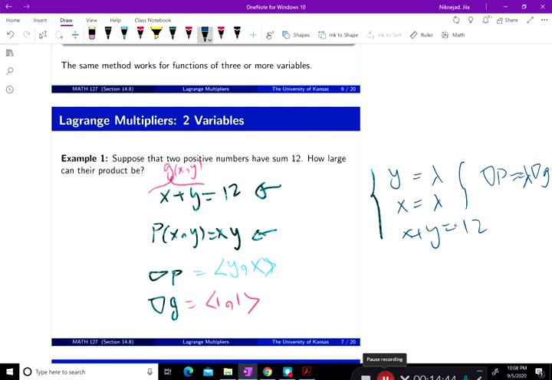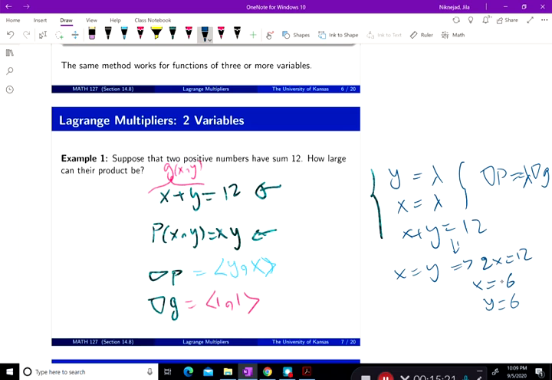Now, to be able to solve, in the 2 equations related to the gradients, I eliminate lambda, and from that I get x is equal to y. Now I plug in for y, I plug in x, and what we get from here is 2x equal to 12, that is x equal to 6, and then y has to be equal to 6 also.